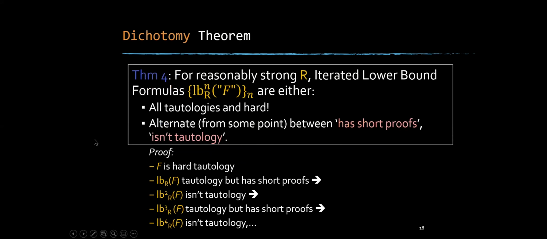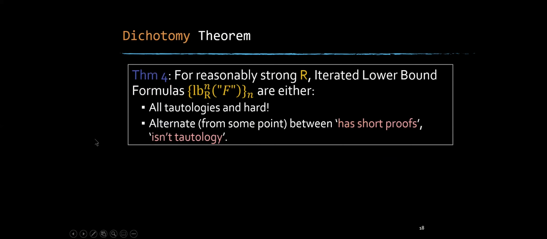Now, something that is quite interesting is the following dichotomy theorem. This is theorem 4. For reasonably strong proof systems, and here reasonably strong means they prove the reflection principle, the iterated lower bound formulas are either of the following form. Either they are all tautologies and hard, and this is very good for us because that's our goal, or something strange happens.